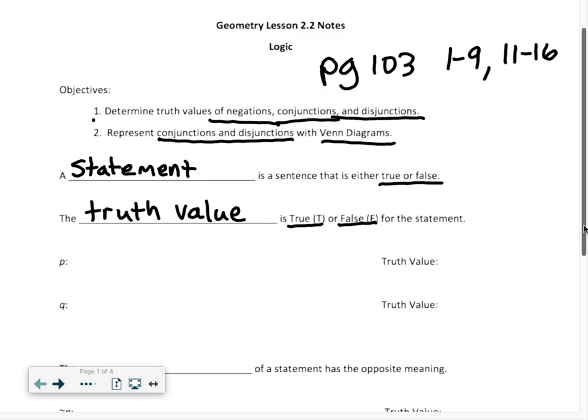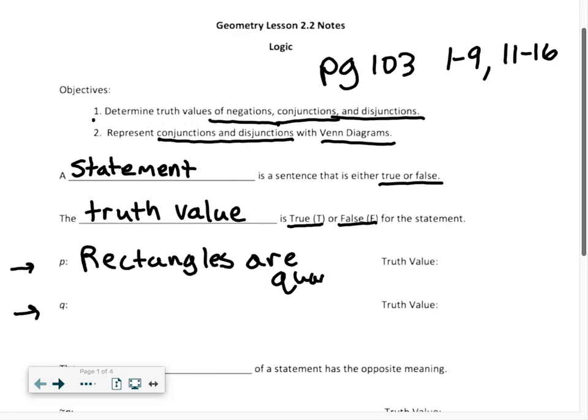Okay, let's make a couple statements here, maybe about some geometric things, at least for this first one. So statement P, we use P and Q a lot of times to identify statements. So statement P, let's say rectangles are quadrilaterals. Everybody's familiar with what a rectangle is.